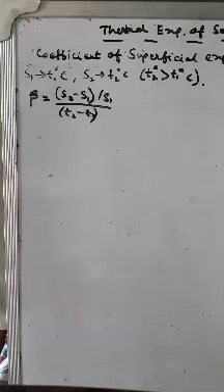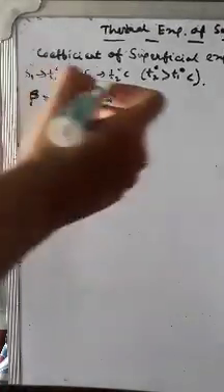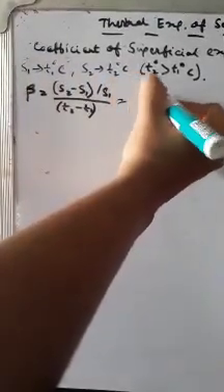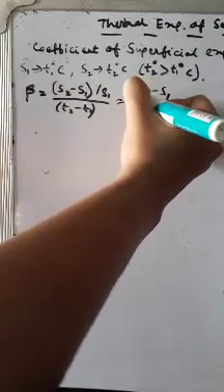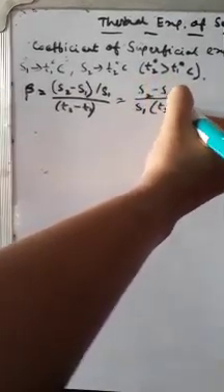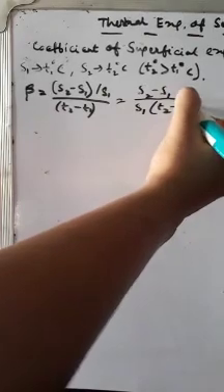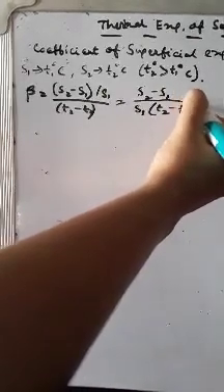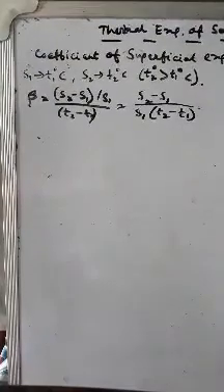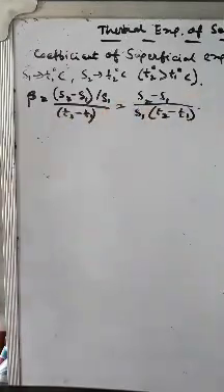So this is our coefficient of superficial expansion. You can also write it in this way: S2 minus S1 by S1 into T2 minus T1. So this is our final expression for this beta.